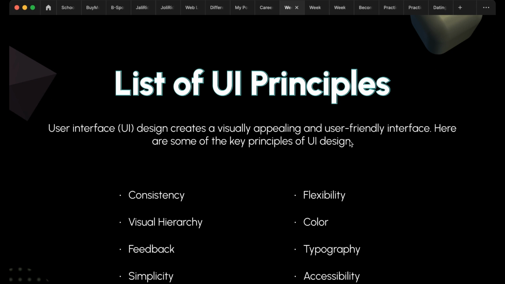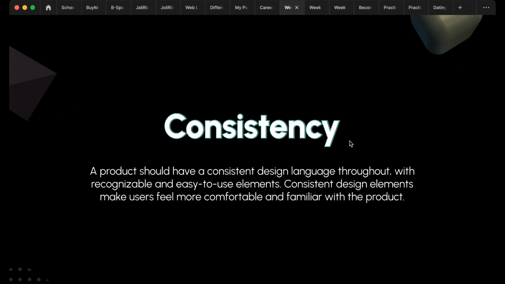Now, the first one we have is consistency. In consistency, I told you consistency should be one pattern of experience that your users are experiencing. Now, in this aspect, I'm going to talk about consistency in UI design. Remember, I said UX is experience and UI is just the look and feel. Now you're looking at my slide.